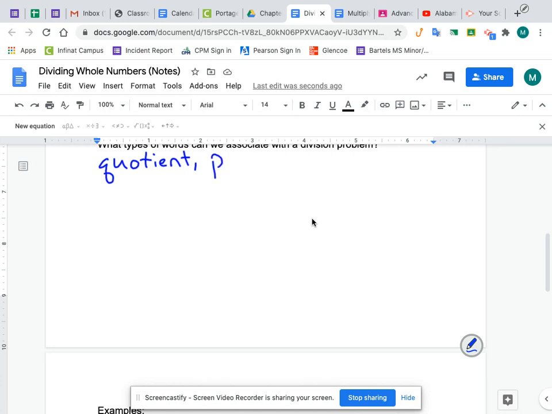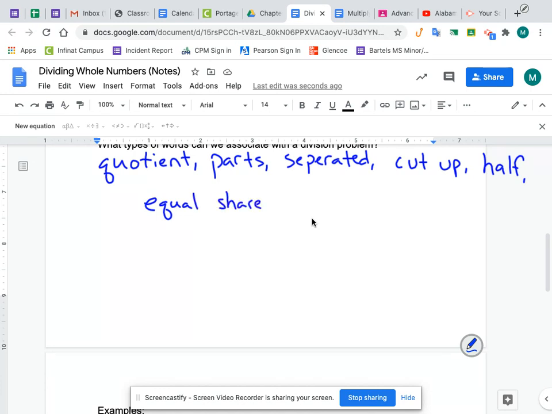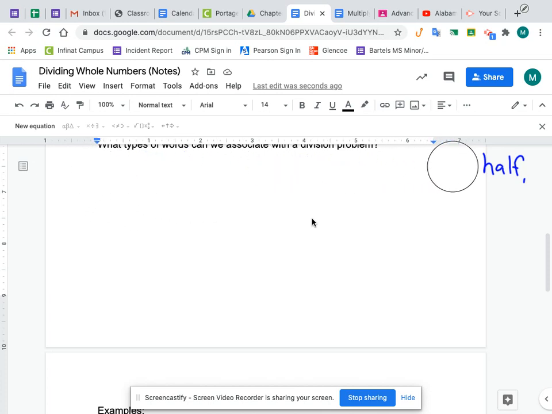We'll have parts, separated, cut up, half, equal share, and then per. Those are great words to be looking for when you are doing a dividing of whole numbers word problem. But let's get into some examples now.